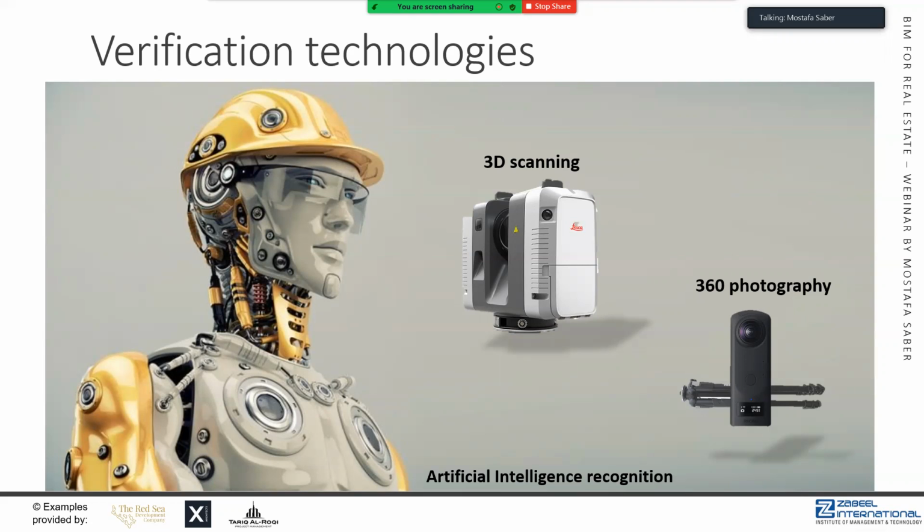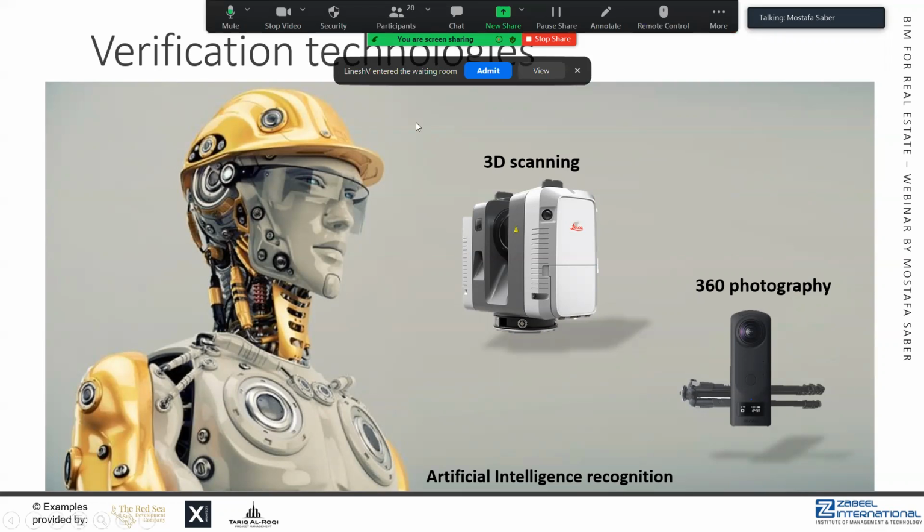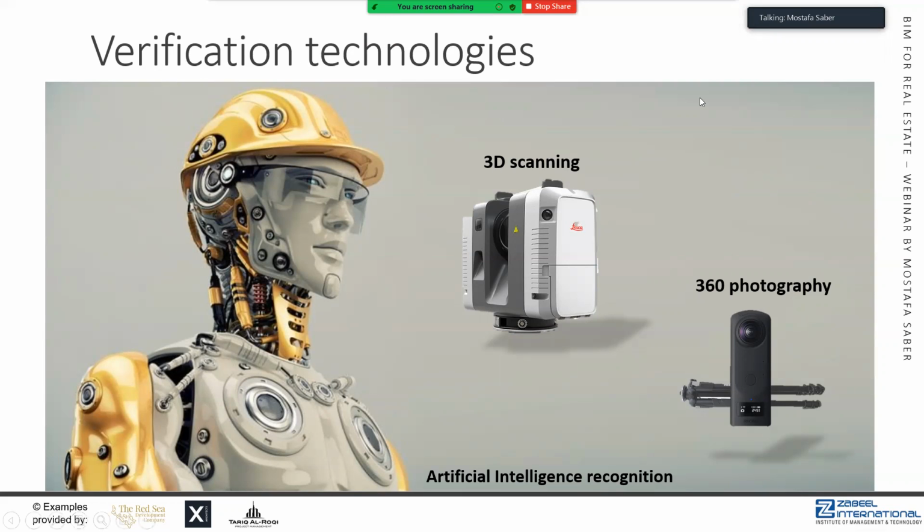We have seen solutions that will allow artificial intelligence even to spot errors in construction and problems like rust or leakage, only by artificial intelligence that will go through photos that you take from site and analyze them automatically to spot any problems that the AI can spot according to its programming capabilities.